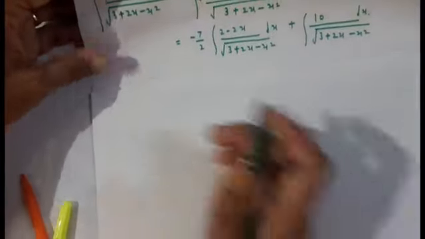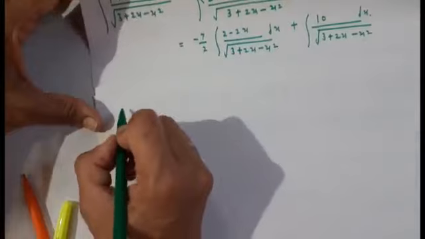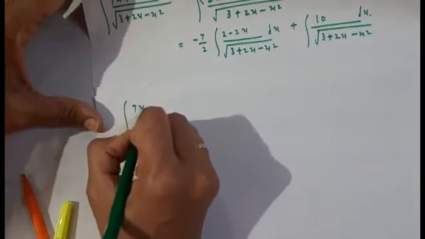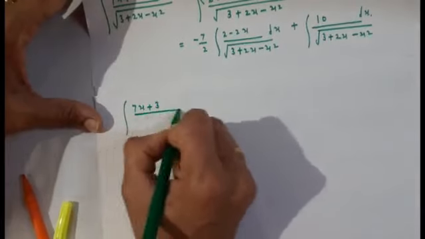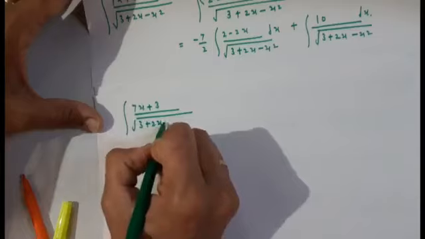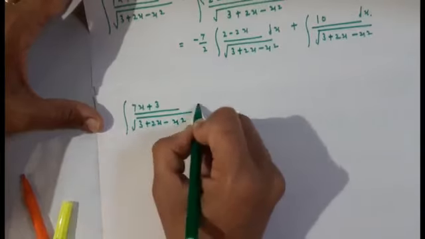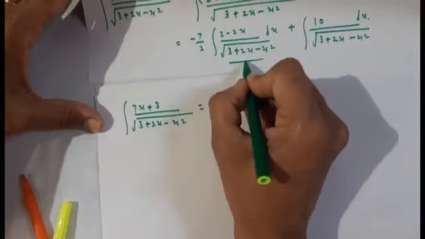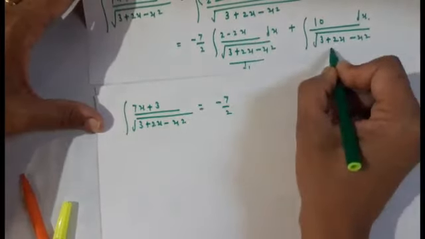Hence, this is the integration of 7x plus 3 upon square root of 3 plus 2x minus x square. Suppose this is I1 and this is I2.